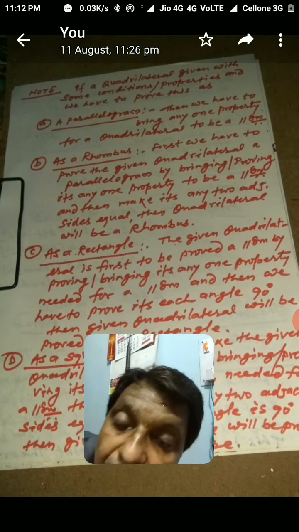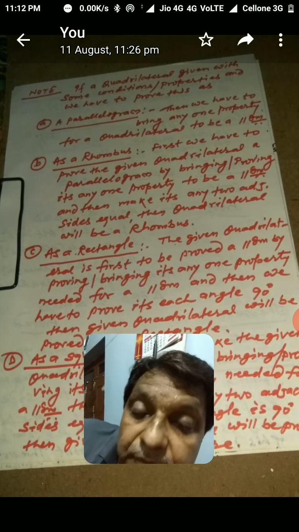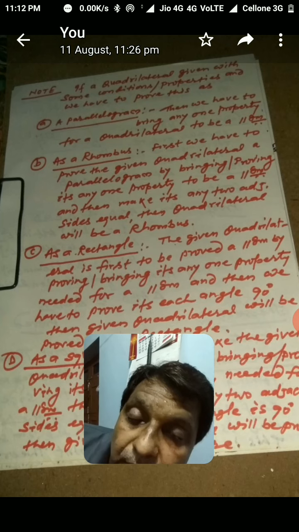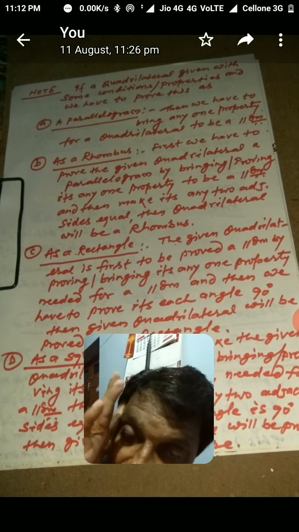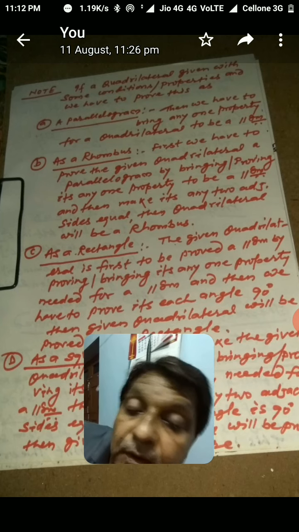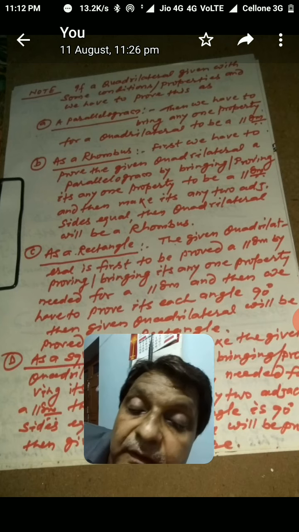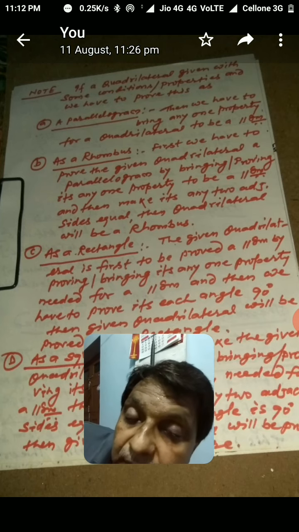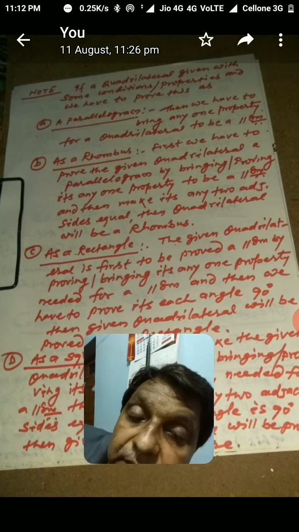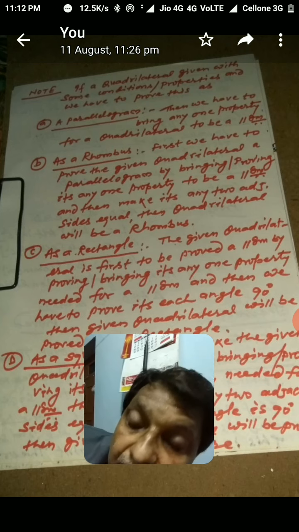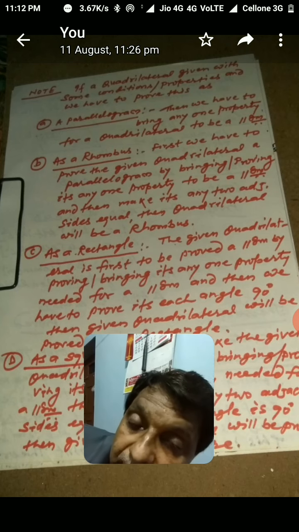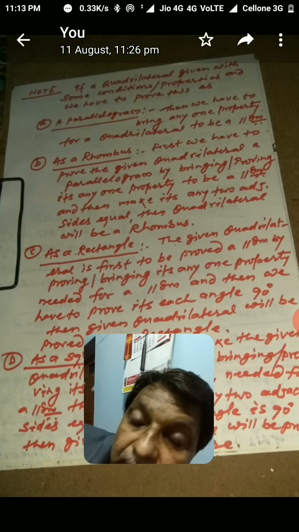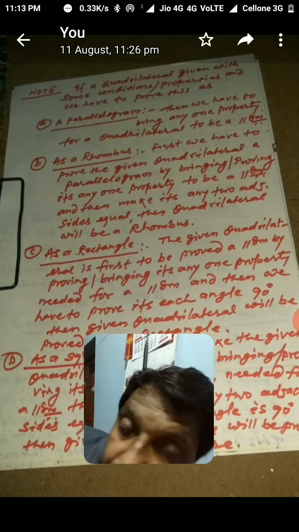In the second part, we will prove that any two adjacent sides are equal. Now in the third part, we will show that each angle is 90 degrees. So students, recall it, note it, that while proving a given quadrilateral as a square, the work will be in 3 parts.